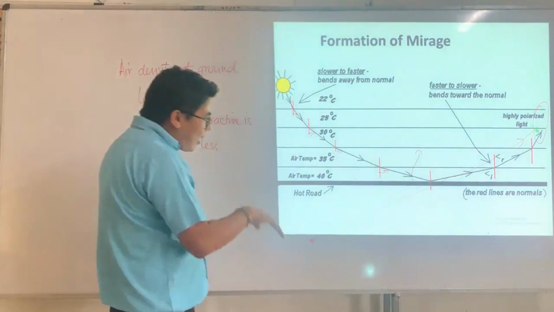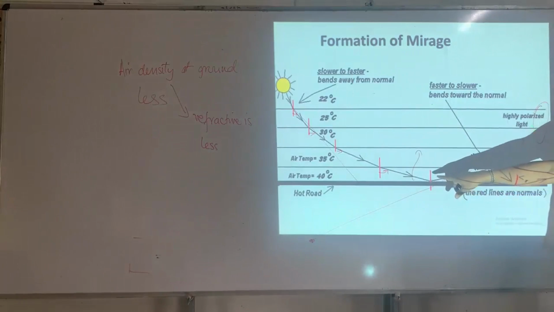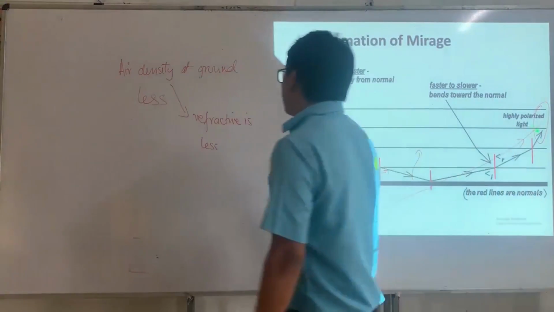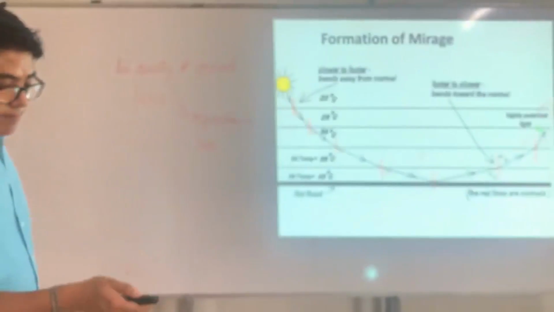If the angle of incidence near the ground is more than the critical angle, then it undergoes total internal reflection. You should keep this in mind. I have a few more.